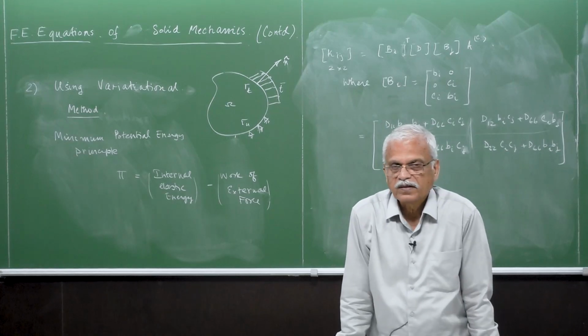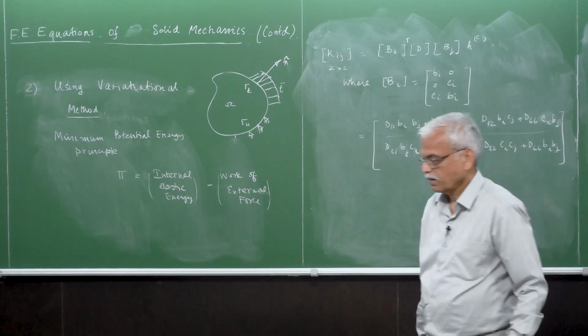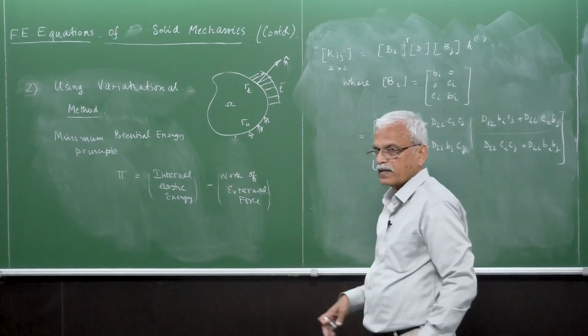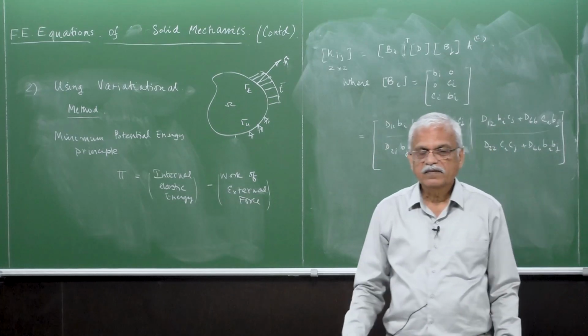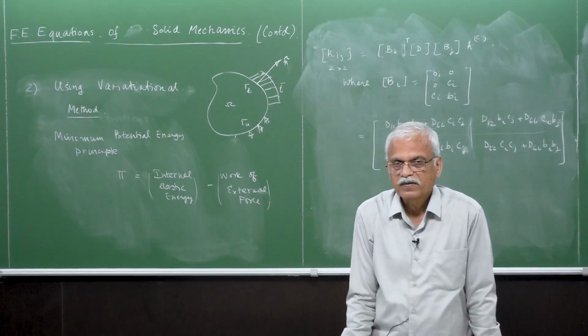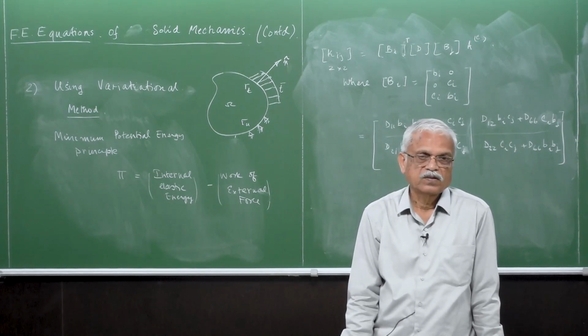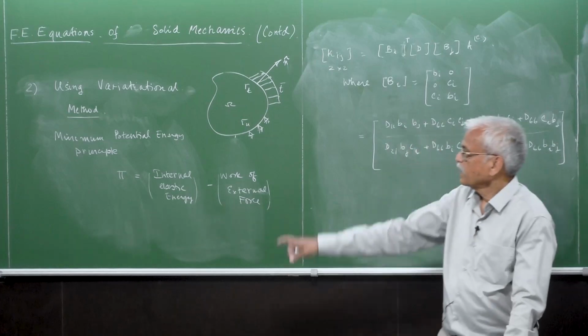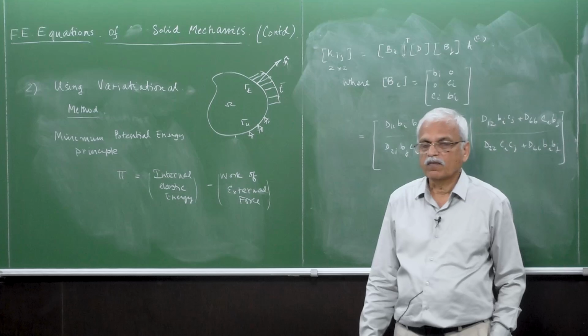So another statement is that out of all the possible displacements, the one set of displacements which minimizes the potential energy is the solution. It is the solution in the sense that the problem can also be posed in the form of a differential equation.